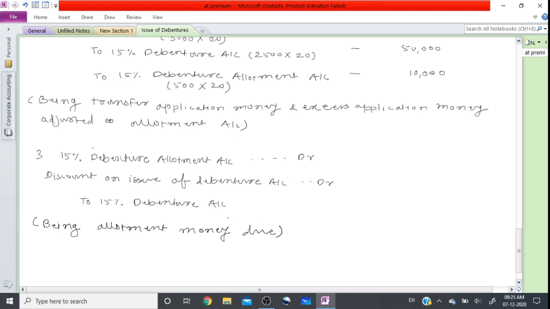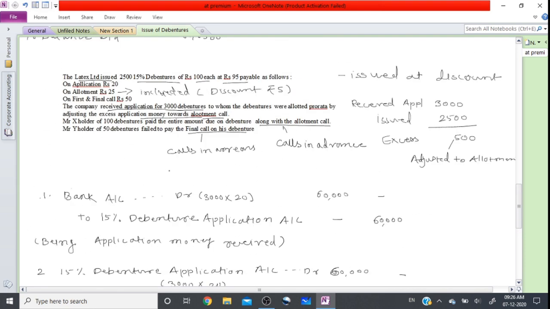So here issued applications, how much? Allotment money is 25, no? Right.